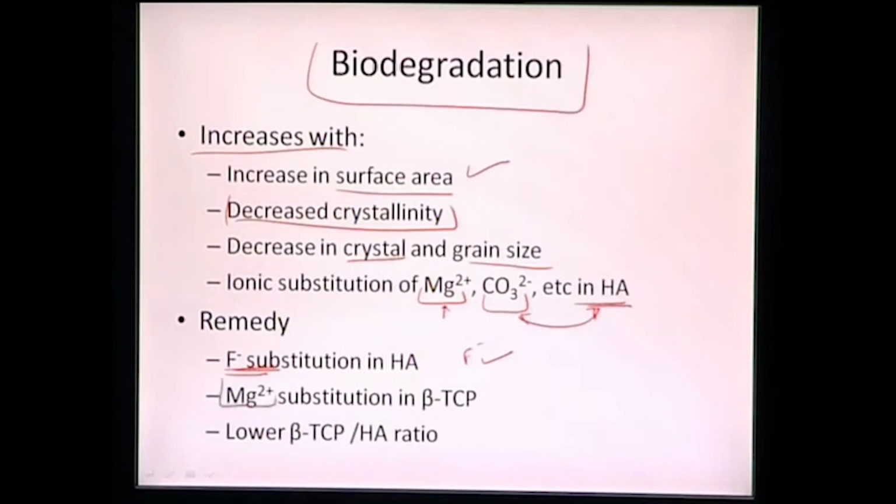We can also allow magnesium 2 plus substitution in the beta tricalcium phosphate for reducing its biodegradation, or we can have a lower beta TCP to HA ratio, because beta TCP has a much higher degradation rate. So once we start increasing the hydroxyapatite content, that will overall reduce the biodegradation.